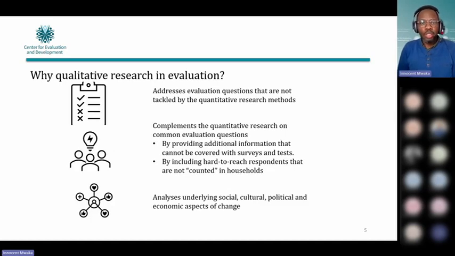And furthermore, we try to address evaluation questions that are not tackled by quantitative research methods. And this I will demonstrate a little better in the case study that we'll have, because in some cases you have certain questions that are well addressed using quantitative methods, and some are well addressed using qualitative methods, and sometimes you can use both to address the same questions.